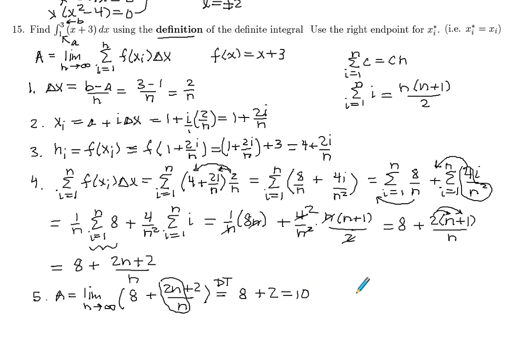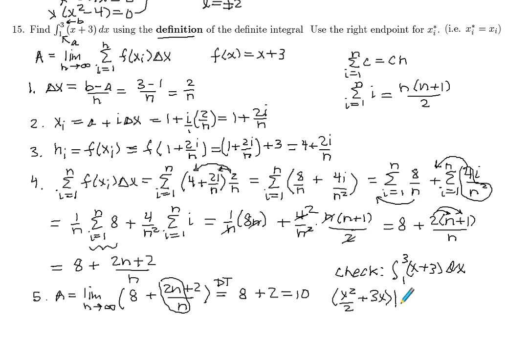So there's our area. And then we should be able to double check here using the fundamental theorem. So here's our check. You can always check your answer. Integral from 1 to 3 of x plus 3 dx. Do an antiderivative here. The antiderivative of x is x squared over 2. Antiderivative of 3 is 3x.